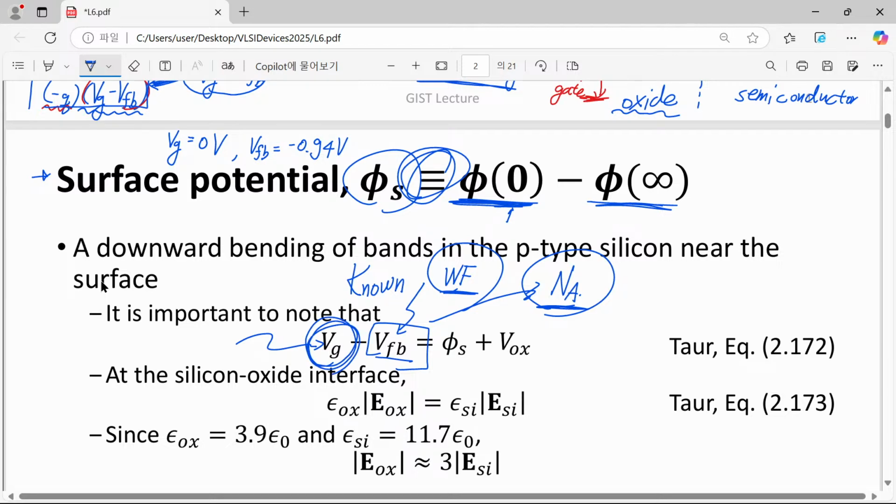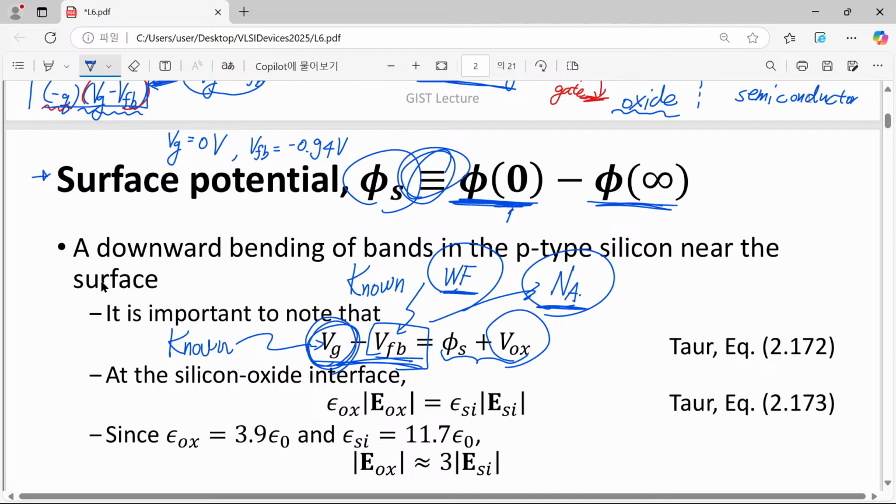So the left hand side term of this MOS equation, all terms are known quantities. Then now think about the right hand side term, where you can find phi sub s. Phi sub s means the band bending or potential difference inside the semiconductor, and this is the potential difference inside the oxide, V ox.